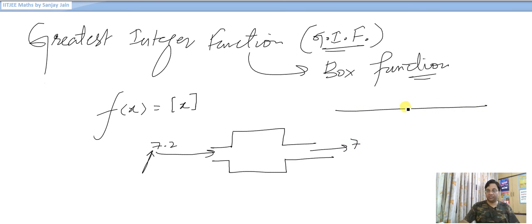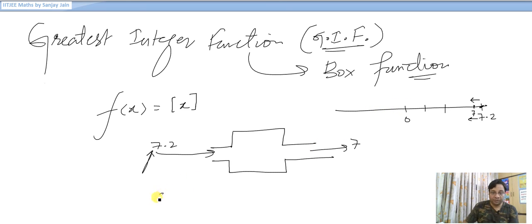Or if you want to understand it on the number line, let us say this point is 7.2. Now you need to look at the left side of 7.2 and find the greatest integer. So obviously on the left of 7.2 you will have the greatest integer as 7, right? So this is what the output will be.